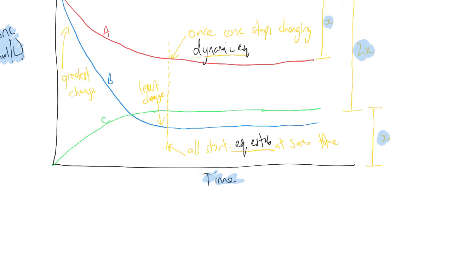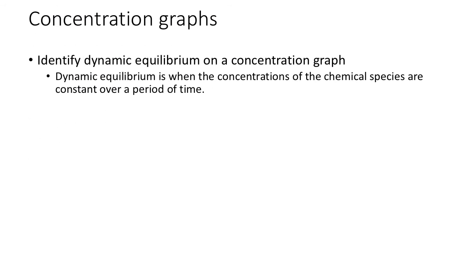Whenever all of them stop changing concentrations, that's the start of the equilibrium system. Okay, so here we go. Dynamic equilibrium is when the concentrations of the chemical species are constant over a period of time.